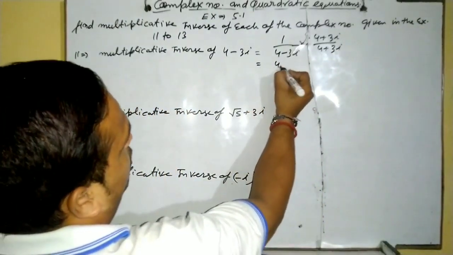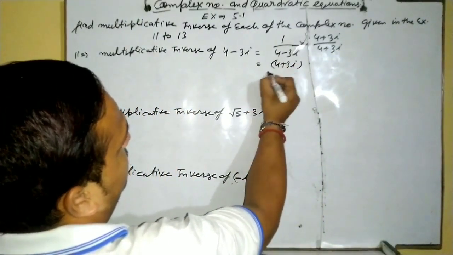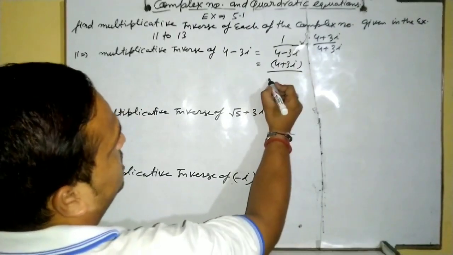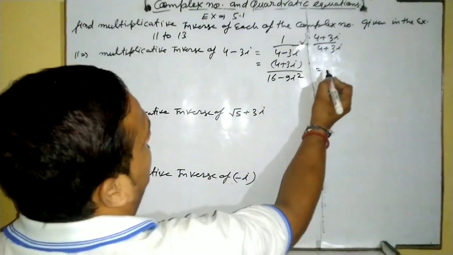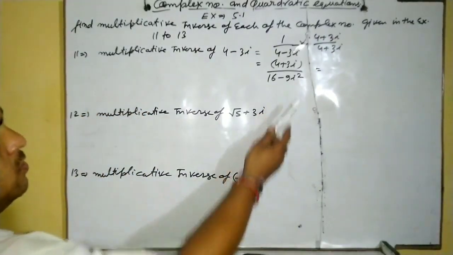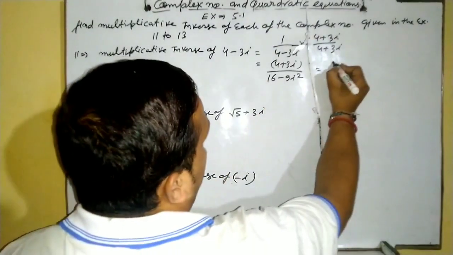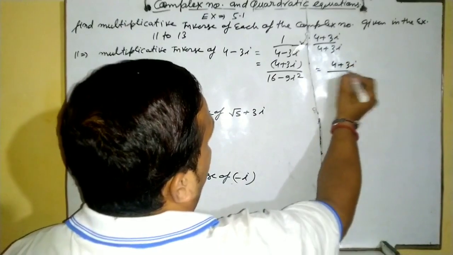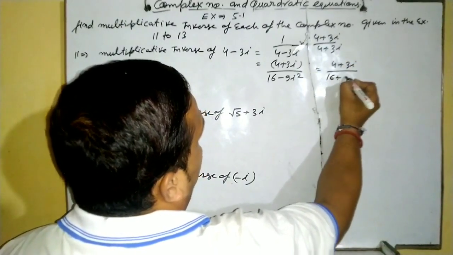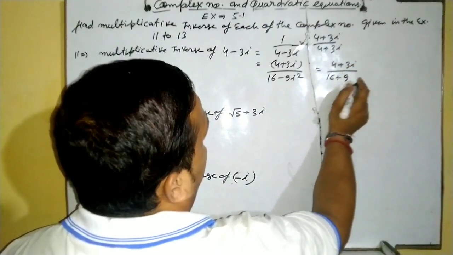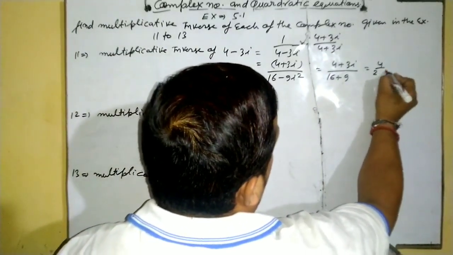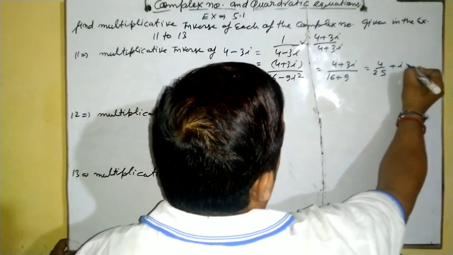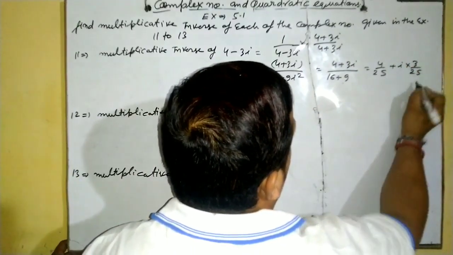So 4 + 3i remains same, and the denominator is (a + b)(a − b) = a² − b², so 16 − 9i². You know very well i² is minus 1, so this will be (4 + 3i)/(16 + 9), and it becomes 25. We can separate the number, so this will be 4/25 + i·3/25.